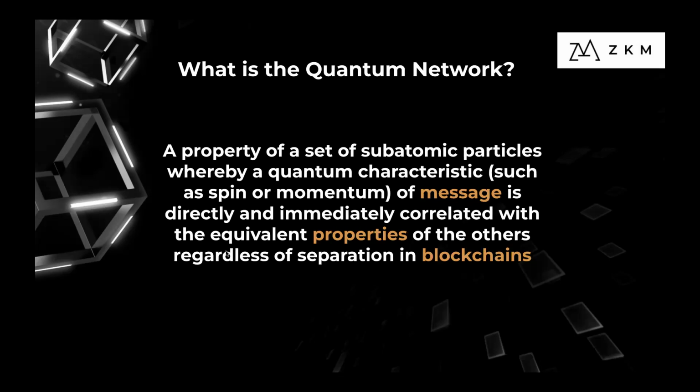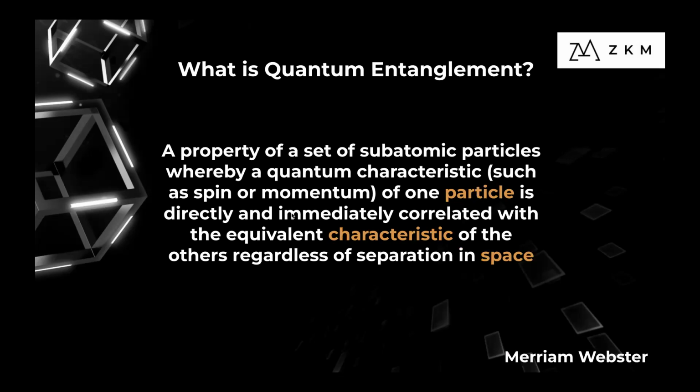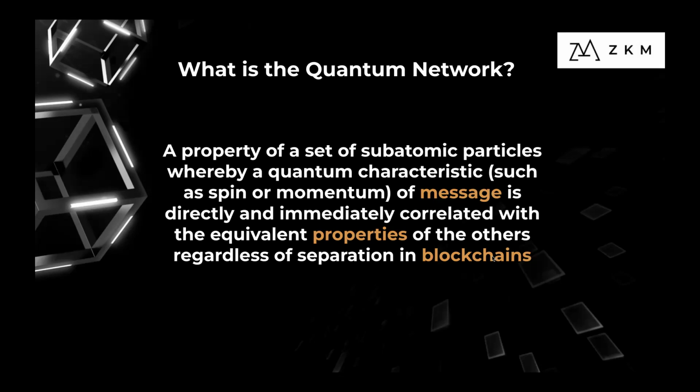But with a quantum network, the version that ZKM coined, what we can do is take the definition of quantum entanglement that we saw right here and replace particle with message, characteristic with properties, and space with blockchains.